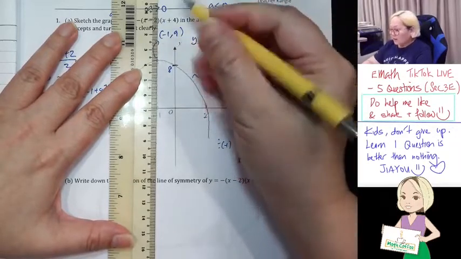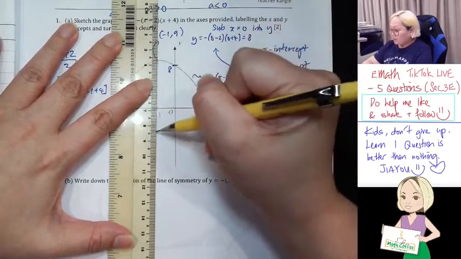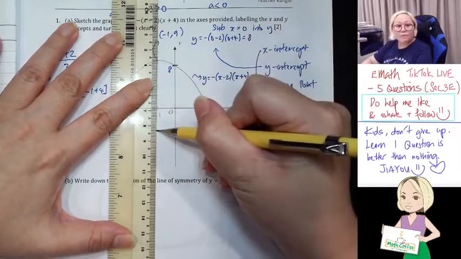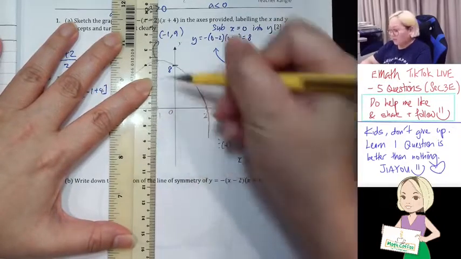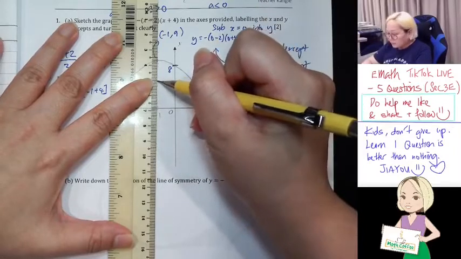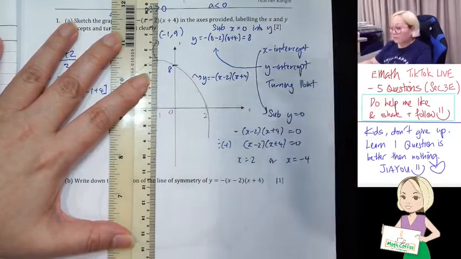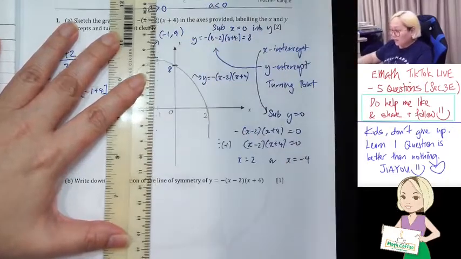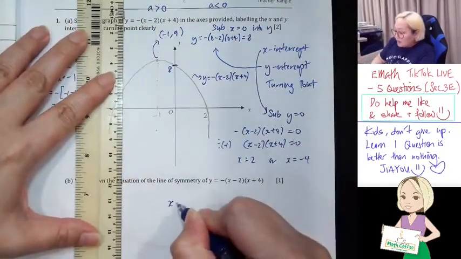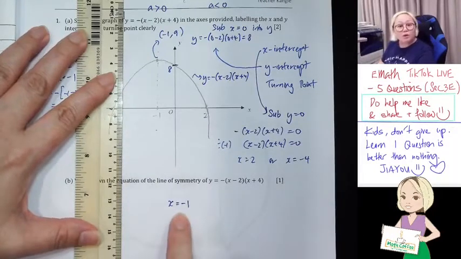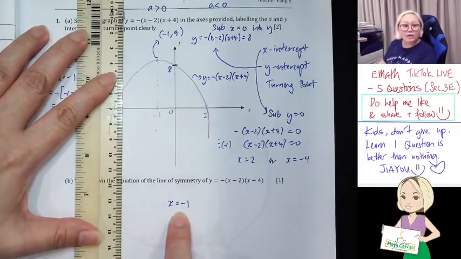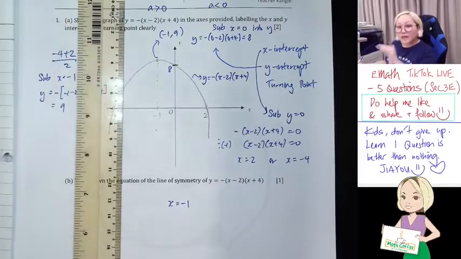Here it will be minus 1 comma something. Here is also minus 1 comma something. Everywhere is minus 1 comma something, correct? So the equation of a vertical line is x equals to -1, because on the vertical line, all the coordinates, the x is -1. Understand? Okay, so that's vertical line.